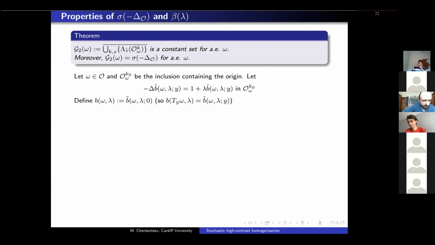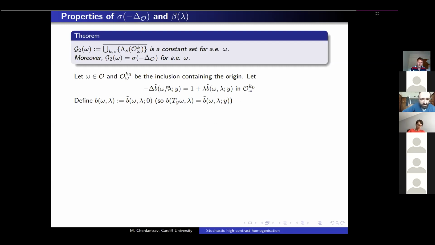Now let me introduce some notation. We denote by K naught of omega the inclusion that contains the origin, and we define this function. For a fixed omega, you have an inclusion that contains the origin. So how does it relate to all the rest of the inclusions in one particular sample, one particular distribution?